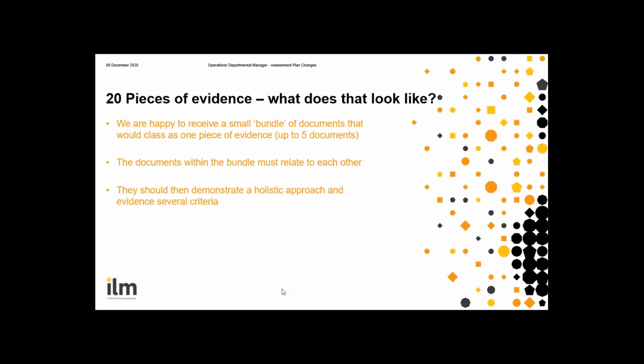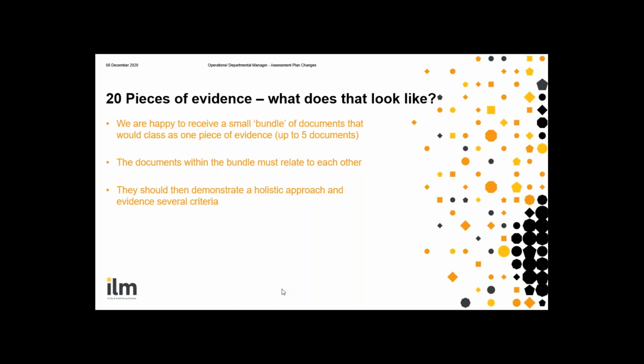So 20 pieces of evidence, that's a hot topic, isn't it? What does 20 pieces of evidence look like? We are happy to receive a small bundle of documents that would class as one piece of evidence.